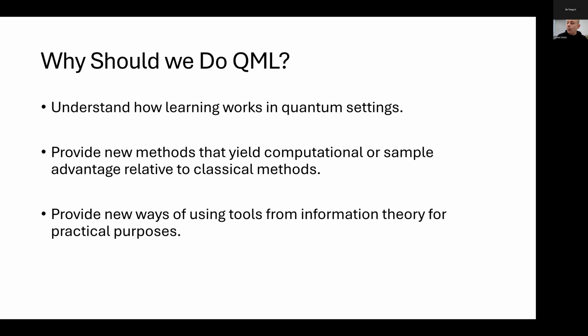Actually, I'll be so bold as to say I feel that many of the problems people in QML struggle with these days are often problems that people like Andreas Winter ended up solving in the early 2000s. Because if you think about it, a quantum neural network is nothing more than a parameterized quantum channel.